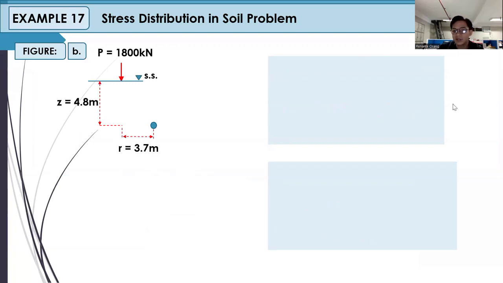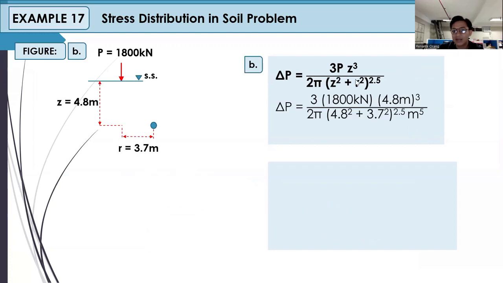So, I hope na hindi nyo binura yung inyong kinalculate. Ang gagawin lang po natin, class, is to change our r with 3.7. So, kanina, we have 0 kasi wala siyang horizontal distance. Ngayon is magiging 3.7 meters.